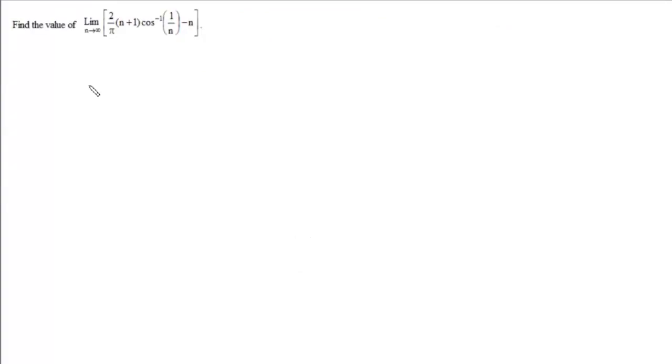Now here the question is, we need to find this limit as n tends to infinity of 2 upon pi (n plus 1) cos inverse 1 by n minus n.